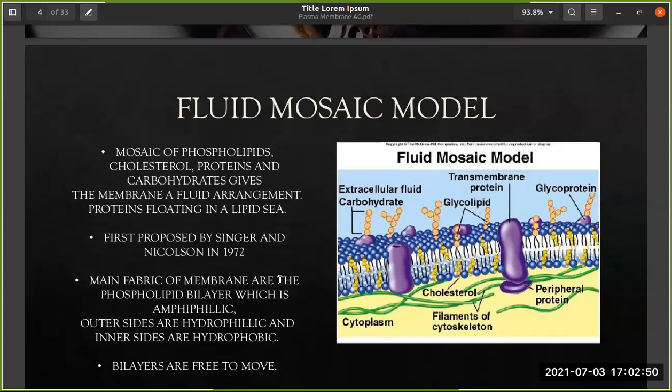The first acceptable model of the plasma membrane is that of the fluid mosaic model. That means the membrane is neither solid nor liquid. It is in between. It is a fluid, and it is also a mosaic.